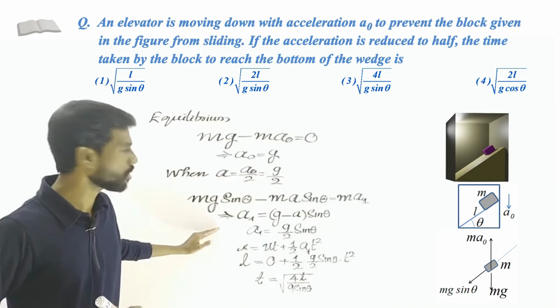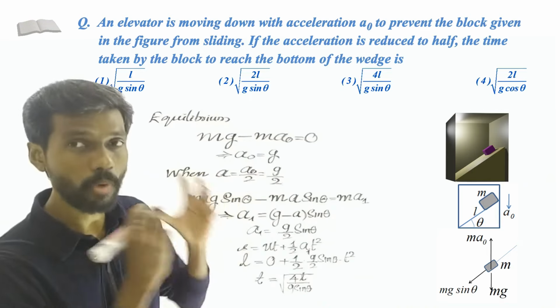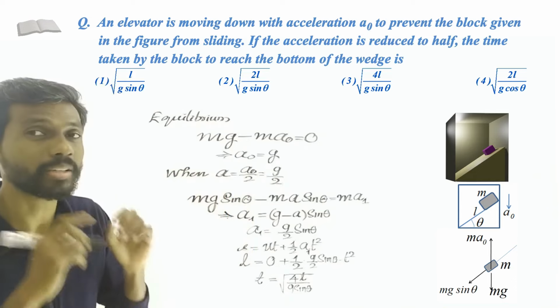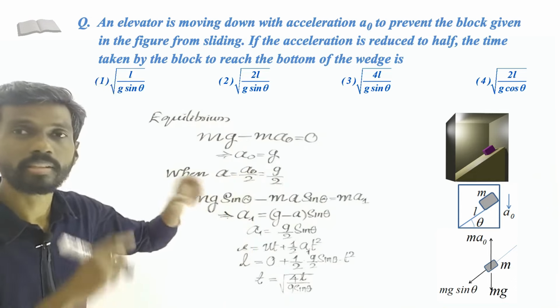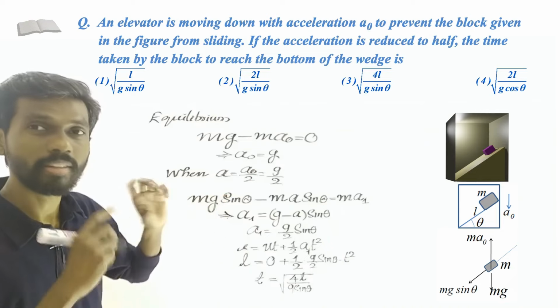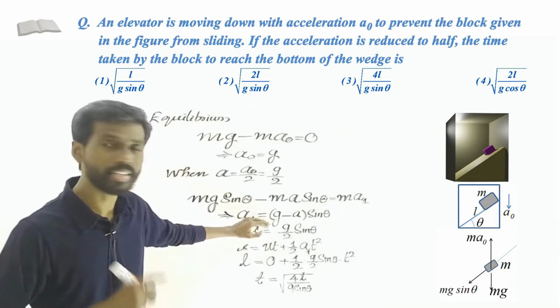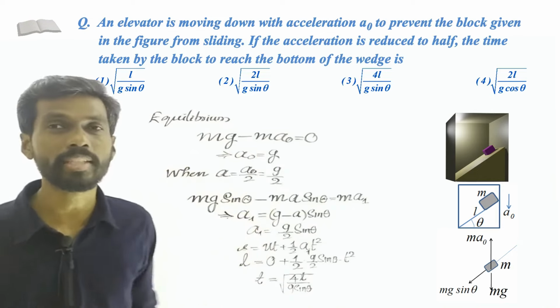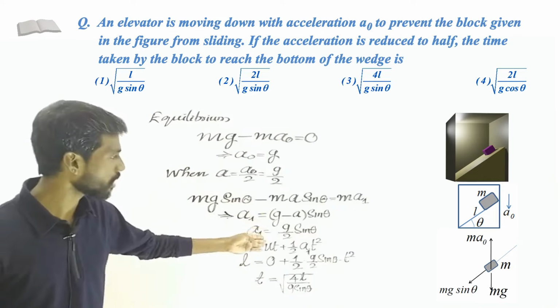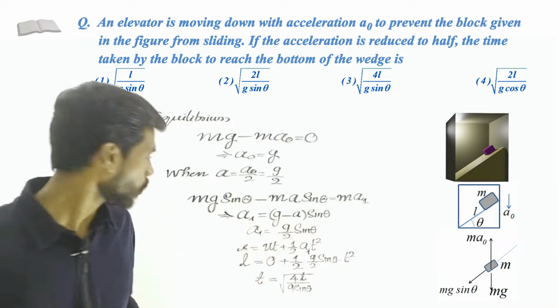So you have to use the same idea, the forces acting on the block, but the forces include the pseudo force also, because we are observing from the elevator frame of reference. So you got the acceleration. Once acceleration is known, we can find the time taken because distance is known. So that is the answer.